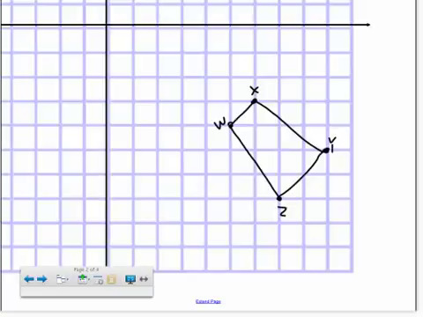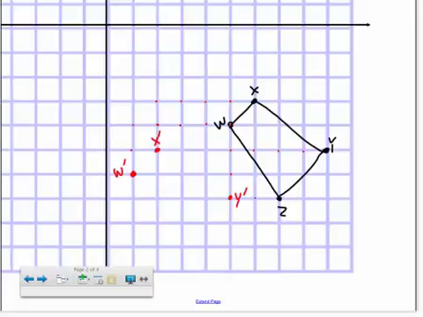So let's take W. W is right here, and let's go over 1, 2, 3, 4, down 1, 2, and there's my new point for W. This would be W prime. For X, same thing. 1, 2, 3, 4, down 1, 2, there's my new X prime. For Y, over 1, 2, 3, 4, down 1, 2, there is Y prime.